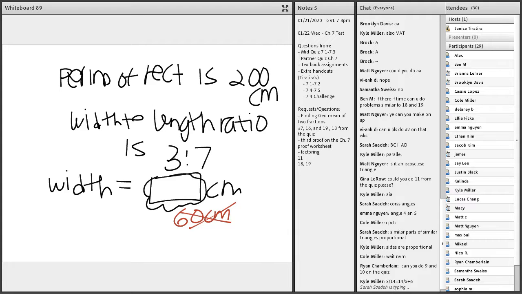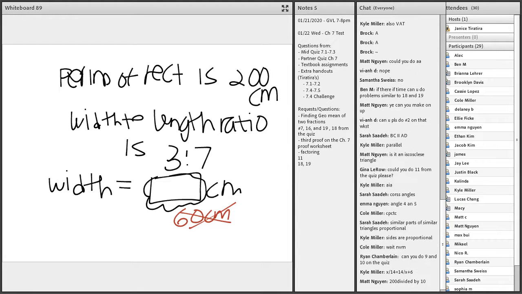So think, if you got 60, you need to remember that a rectangle has 4 sides. Perimeter has adding 4 sides. So we're not dividing by 10.